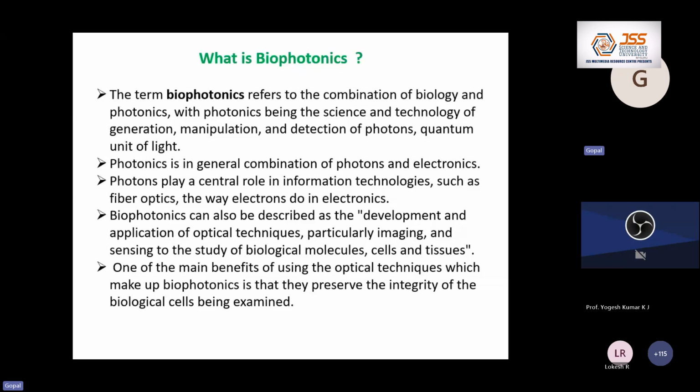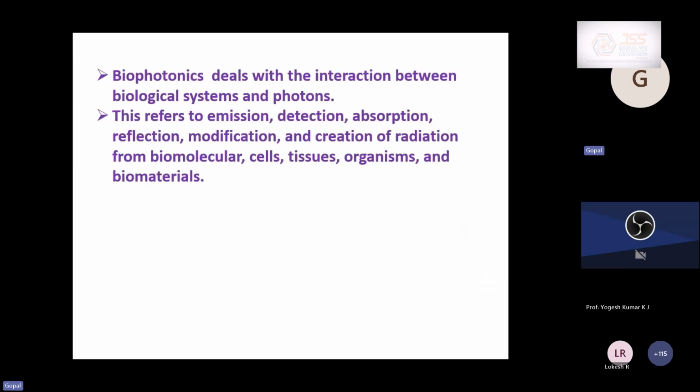There should be a mode of analyzing the data, and the best way is nanomaterials with biophotonics. They give an easy way to measure whatever is happening in biology or biomedical applications.